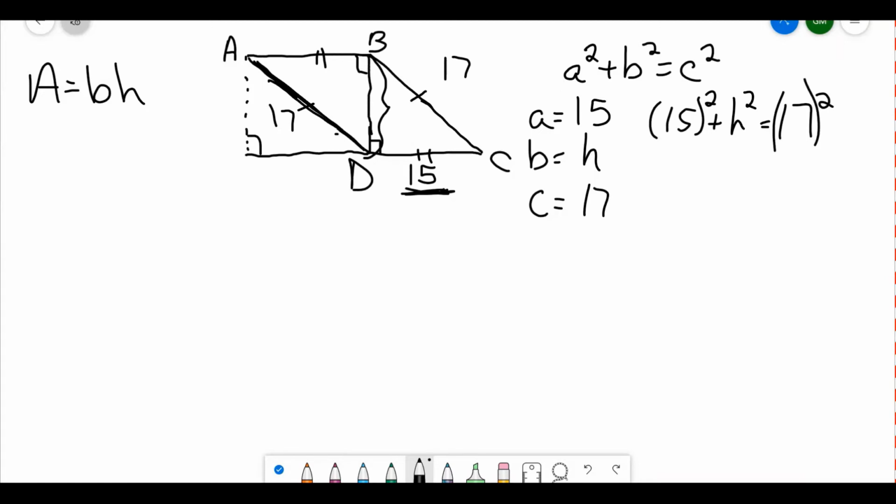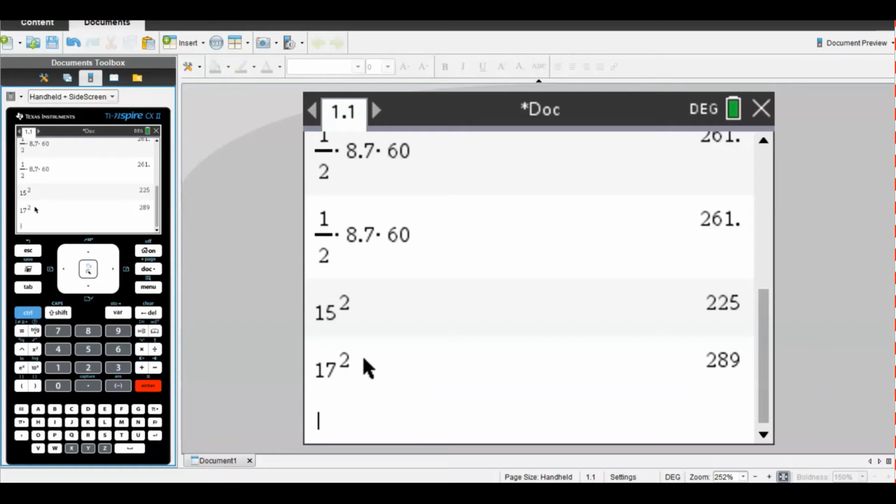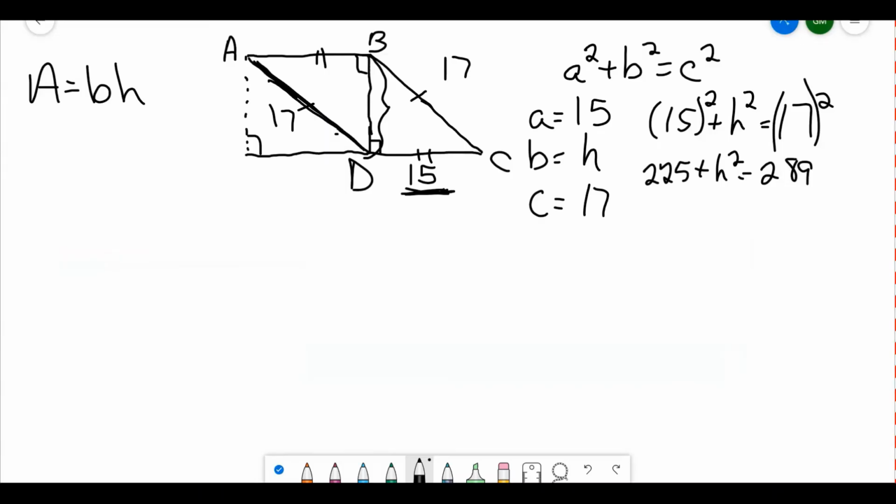All right. And then we're going to go ahead and simplify. Okay, so now I'm showing you that 15 squared is 225, and 17 squared is 289. And so now we're going to subtract 225 from both sides, and we get h squared equals 64.